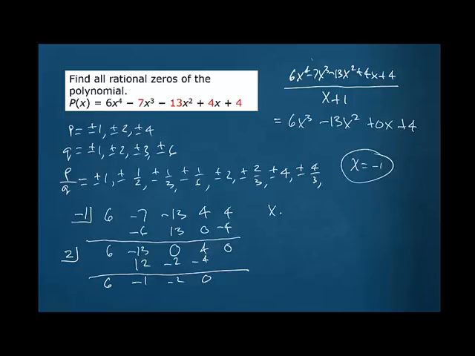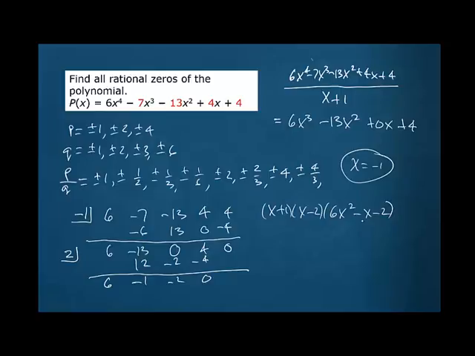So we have factored this polynomial to a degree, and it looks like this: x plus 1 times x minus 2 times 6x squared minus x minus 2. Again, these coefficients come from this line at the bottom of this synthetic division. So if we were to multiply these three factors together, we would result in our original polynomial.